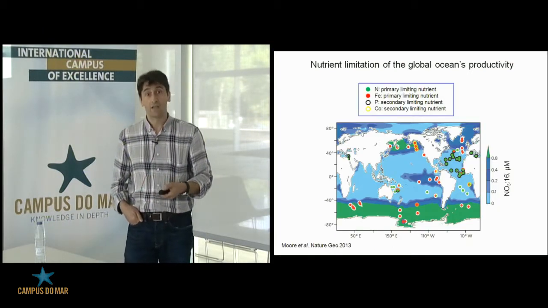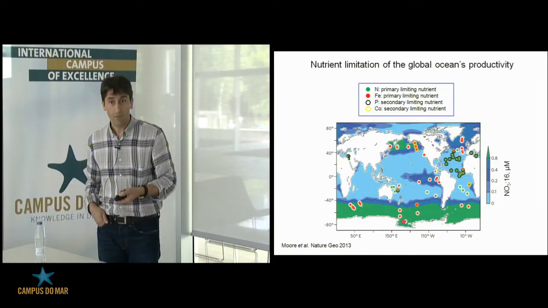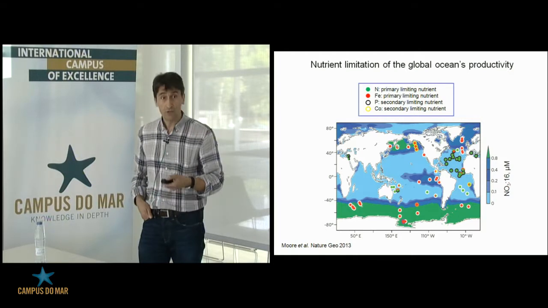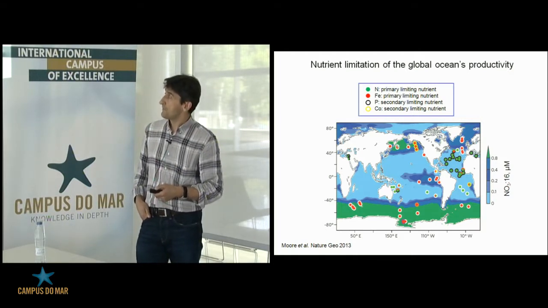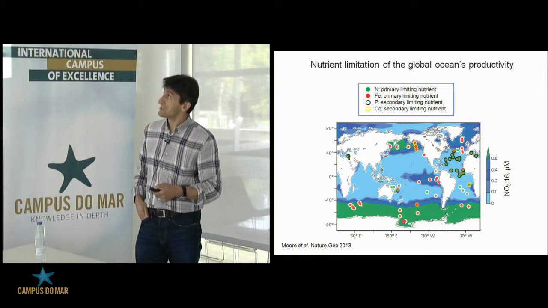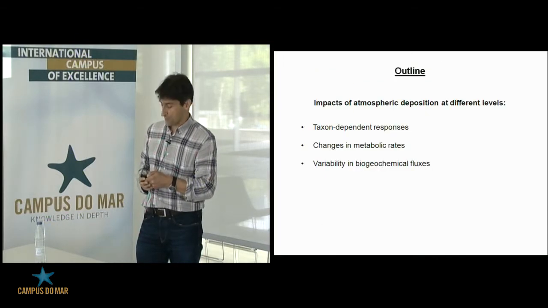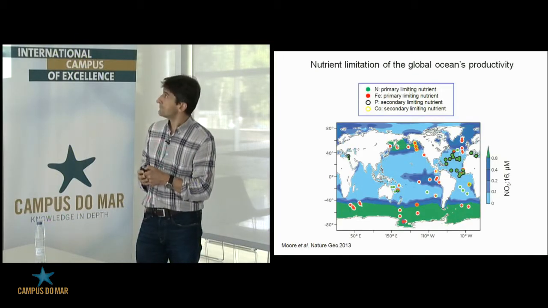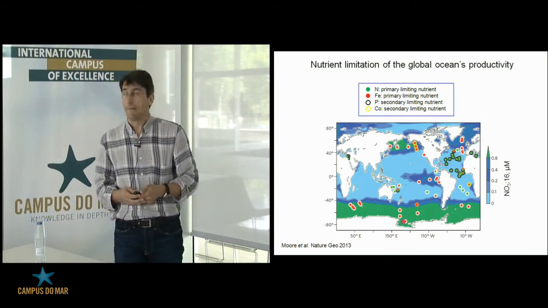We know this for a fact because bottle incubation experiments and in situ nutrient addition experiments have indicated to us that, for instance, nitrogen, which is the green circle there, is limiting these subtropical gyres, whereas iron, as I was mentioning, is typically limiting in the HNLC waters.